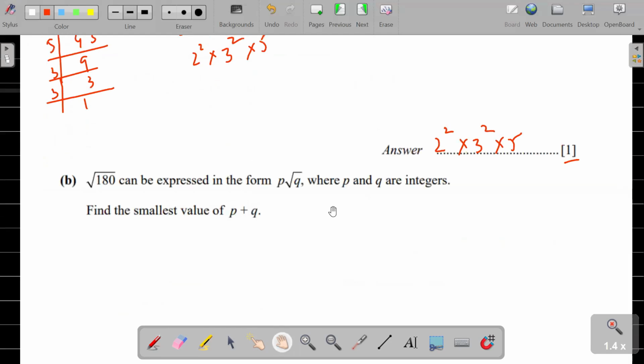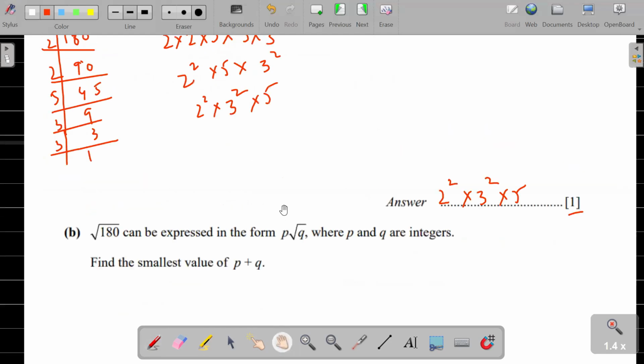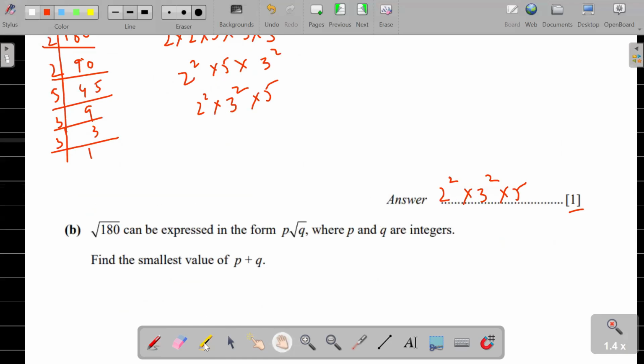All right, now it says to express this in that form. We are going to look at the prime factors first. These were the prime factors, and we are going to follow them. So I'm going to write this as the square root of 180 equals the square root of 2 squared times 5 times 3 squared.